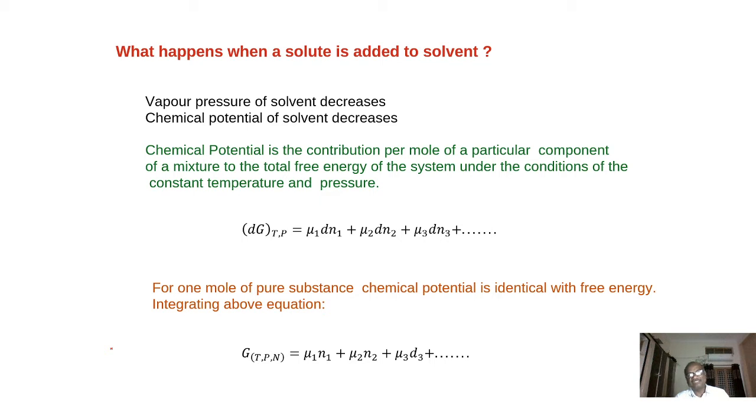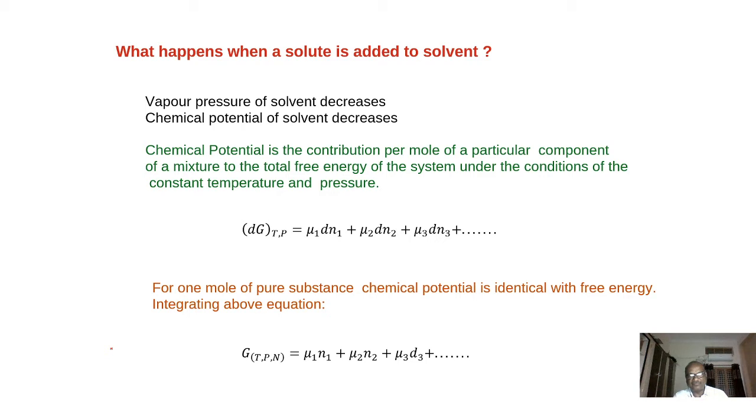That means when a system is at constant temperature and pressure, and the system contains some number of components, what is the meaning of chemical potential? It is the contribution of each component, because the system contains n components. Each individual component will contribute some free energy to the total system.